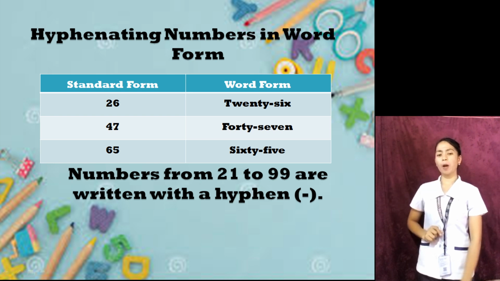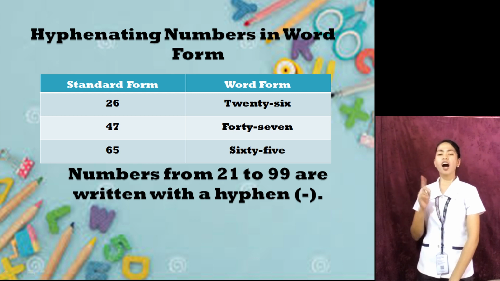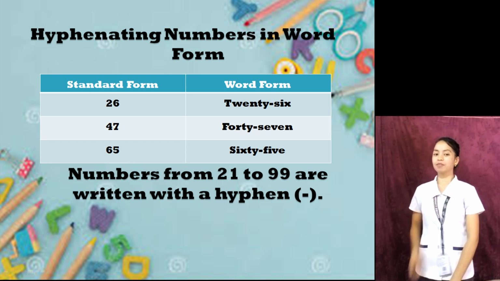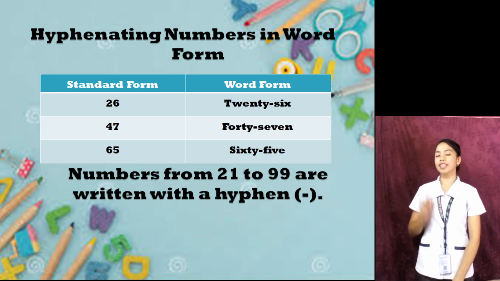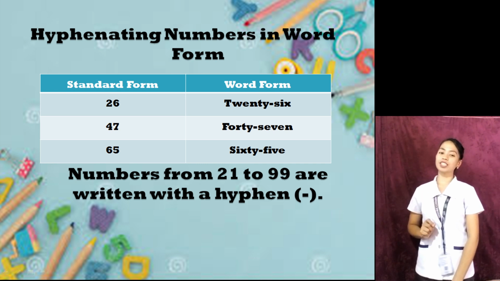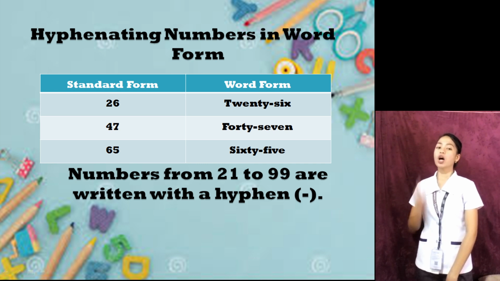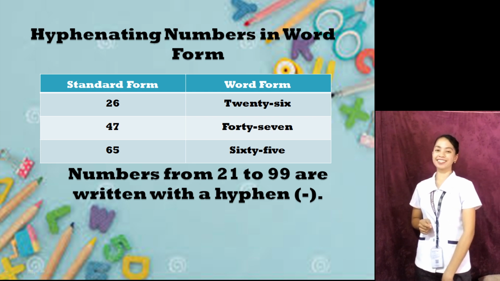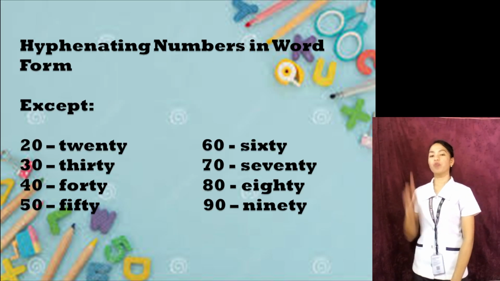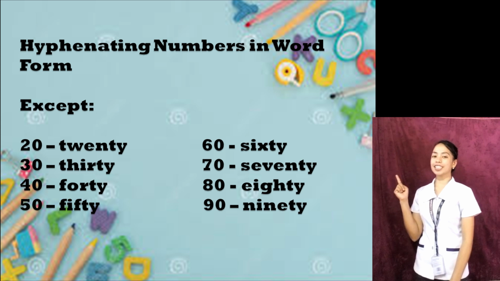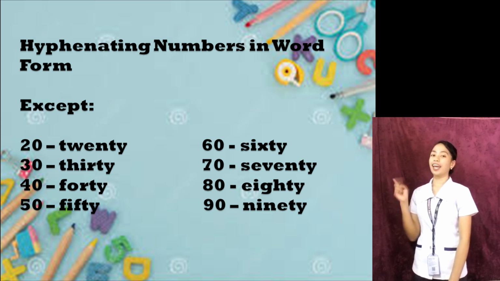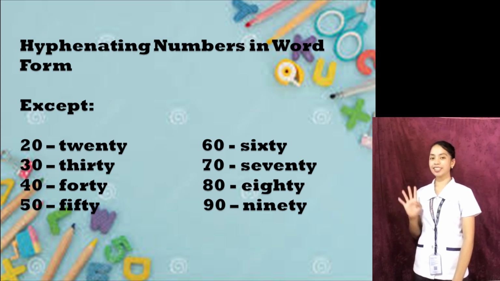So numbers from 21 to 99 are written with a hyphen. Don't forget that. You also need to use a hyphen between the tens and ones digits when writing the numbers 21 to 99, except for 20, 30, 40, 50, 60, 70, 80, and 90.